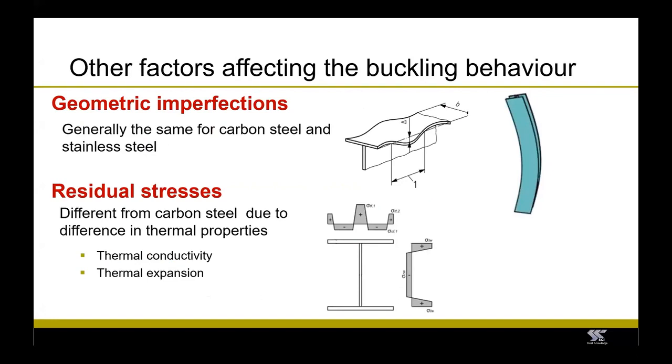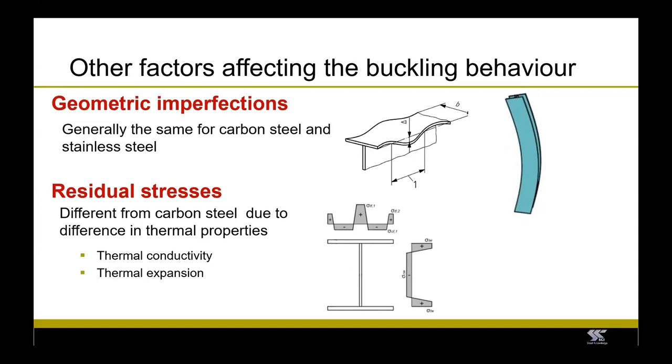Now, there are other factors that affect the buckling behavior of stainless steel and also carbon steel members. And these are the geometric imperfections and the residual stresses. Now, the geometric imperfections are generally of the same magnitude for carbon steel and stainless steel. And they can be present at a cross-section level or at a member level.